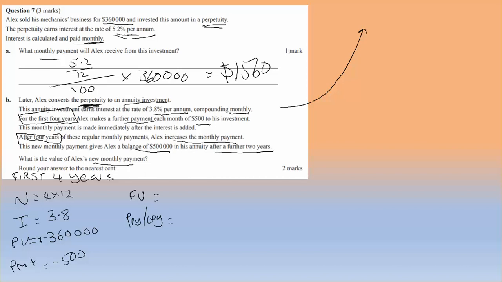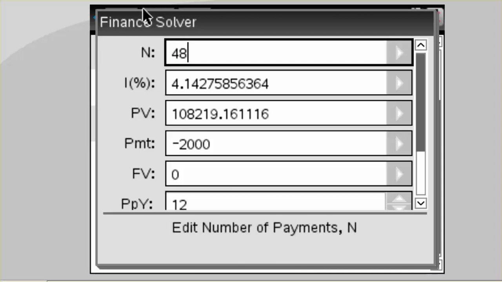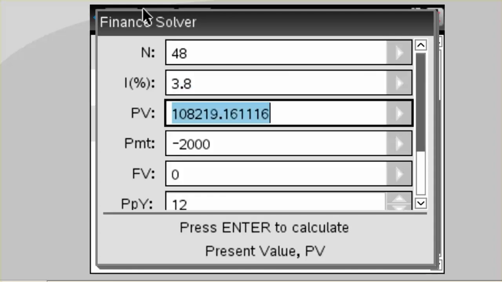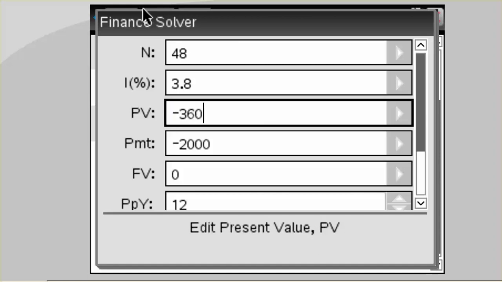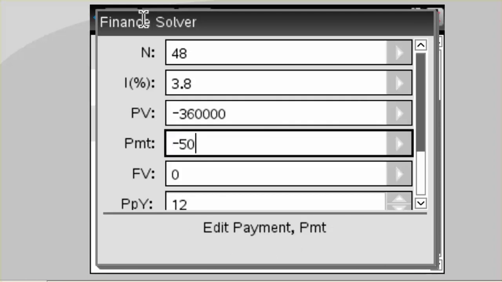We don't know his future value. That's what we need to find out. How much will he have at the end of 4 years? Okay, so on our finance solver, just type over any old work, 48 there. 3.8 was the interest rate. His PV, negative 360,000. His PMT, how much he pays, is adding negative 500, negative because he's paying it.